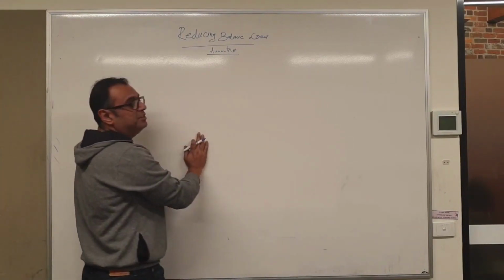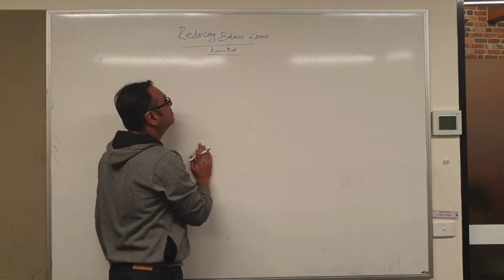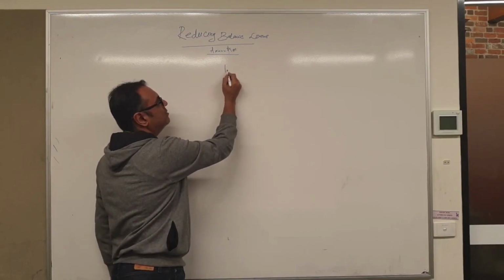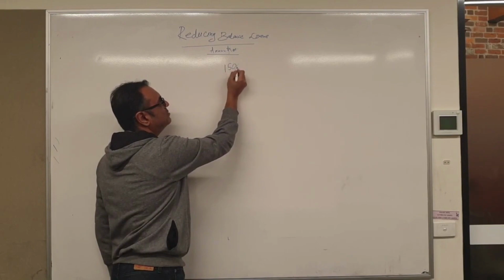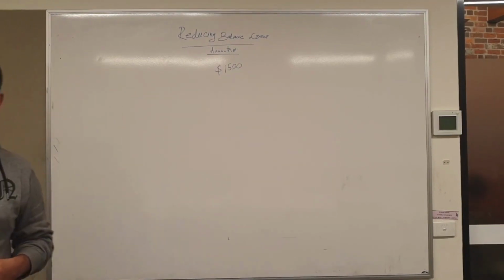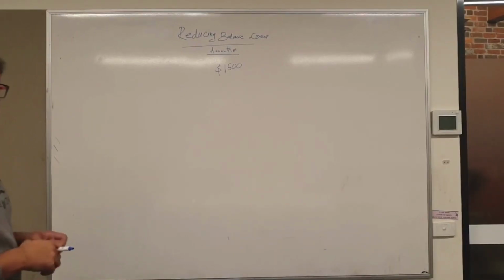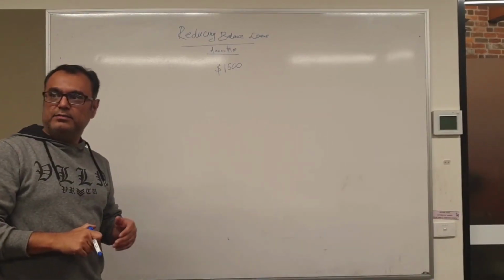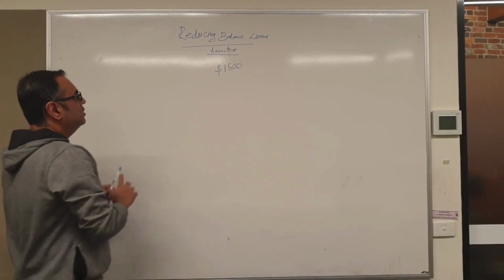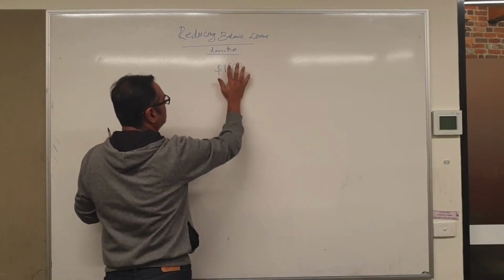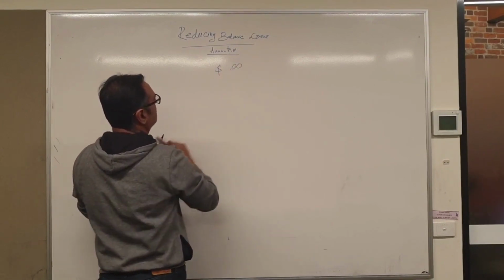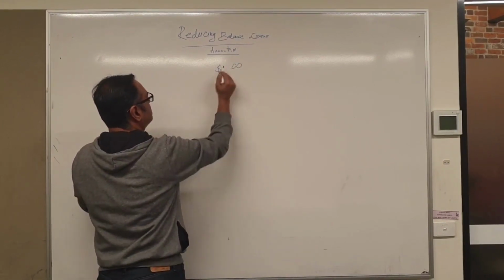Let us say that you've bought an iPhone for $1,500, right? Now you've taken a loan from the bank or from a lender. You didn't have 1,500 with you. So you've taken a loan, or probably at the ease of calculations, let's make it 2,000. iPhones are anyway $2,000, right?